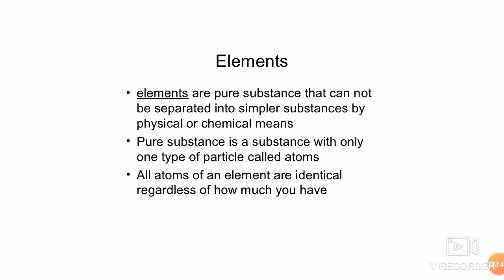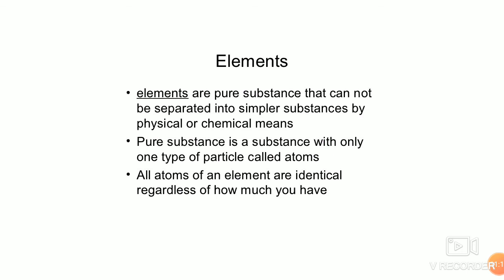An element is made up of only one kind of atoms, right? If we take the example of iron, iron is made up of only one kind of atoms, that is iron atoms, and all the atoms in iron are identical. That means they look alike.